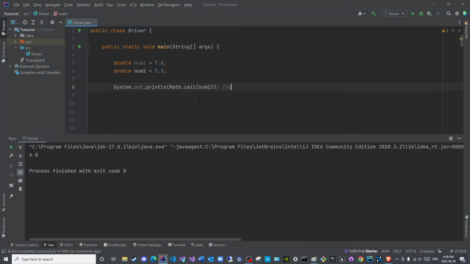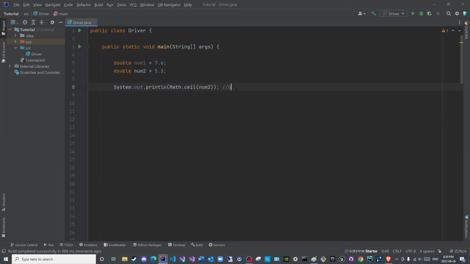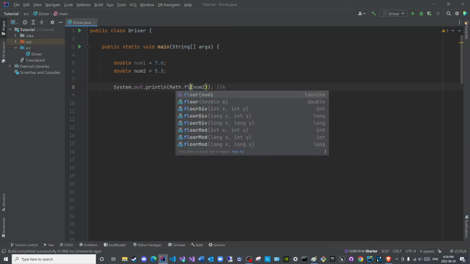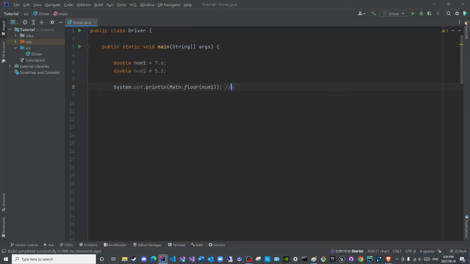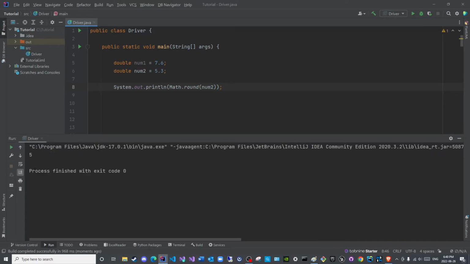There you see it. Ceil, as in the ceiling, so it rounds upwards. Whereas floor, and if we change this to num1, this should yield 7 instead of 8. But if we use round, it will round normally, as we have been taught in mathematics. So this should be 8, perfect. And this should be 5. Perfect.